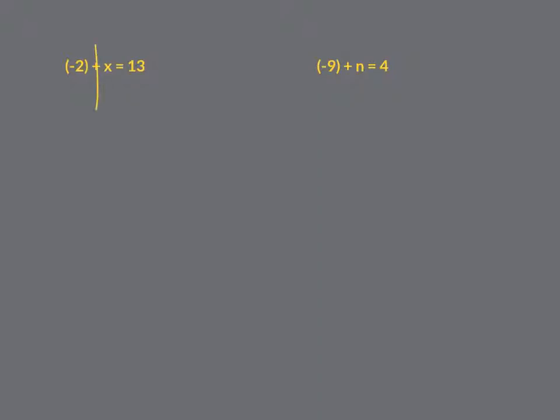So if I set these down the center, I know the opposite of -2 is +2, so I've got +2 here and +2 here. So -2 plus 2, you should know that those both cancel each other out. So I'm left over here with x equals 13 plus 2, which is a simple one to do, 15.